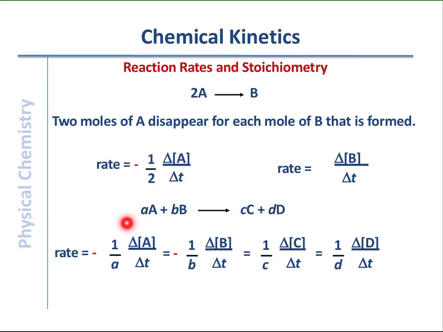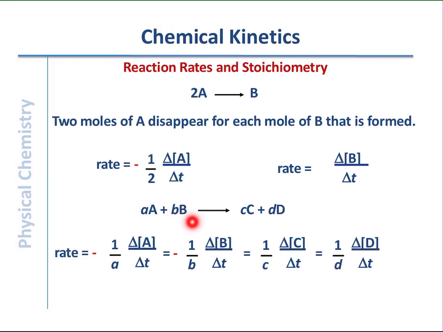Generally, from this equation, if this is a general reaction, the rate according to A will be divided by small a, which is the number of moles of A in the balanced equation of the reaction.